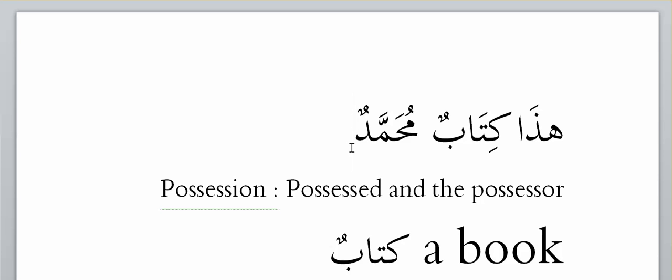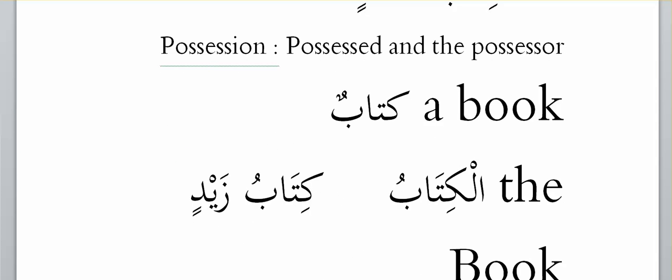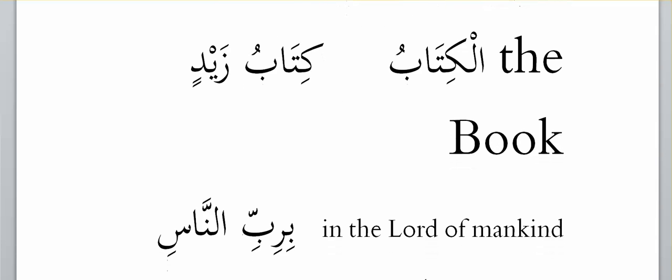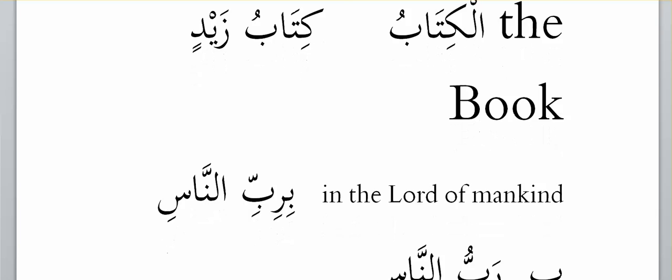Words have to have tanween dhamma at the ending unless there's a reason to remove it. With Kitabun and Muhammadun, when you put them together and make it the book of Muhammad, we drop the tanween on Kitab and say Kitabu, and then we drop the dhamma on Muhammad and put kasra, Kitabu Muhammadin. We do the same for Kitabu Zaydin. Let's leave that example there.